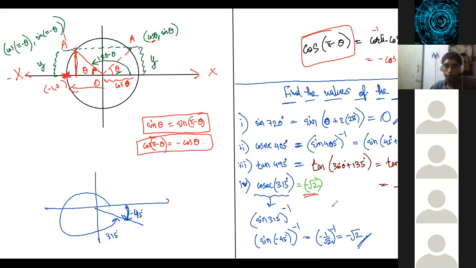Last question. Next question. Secant of minus 350.